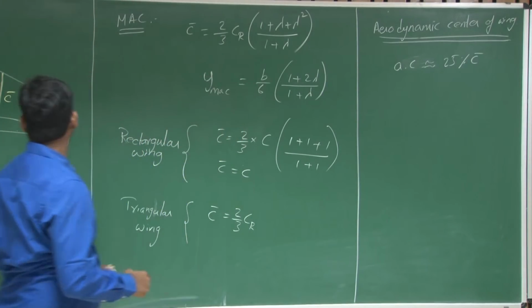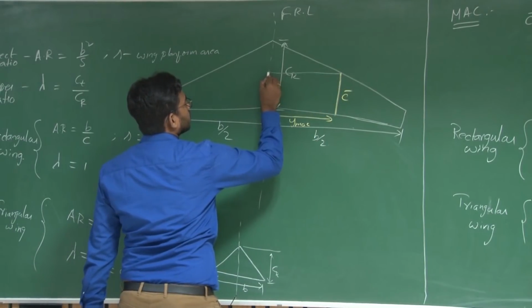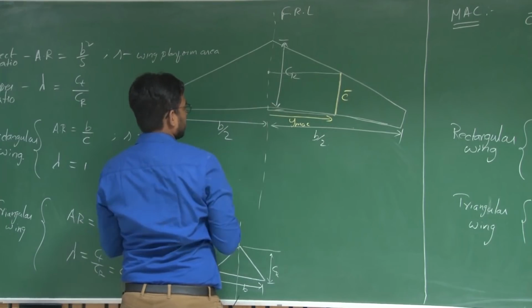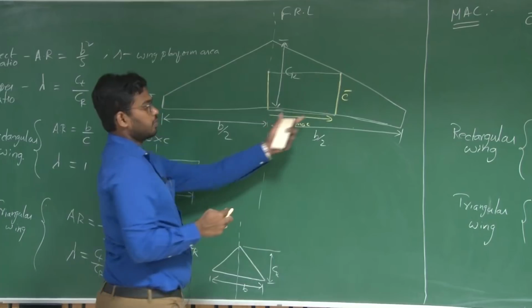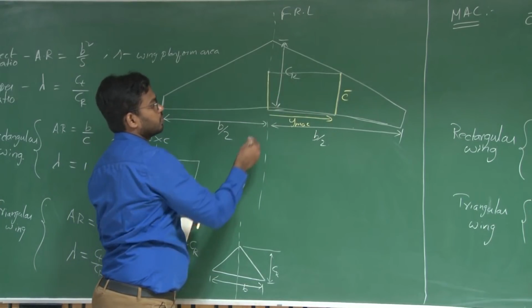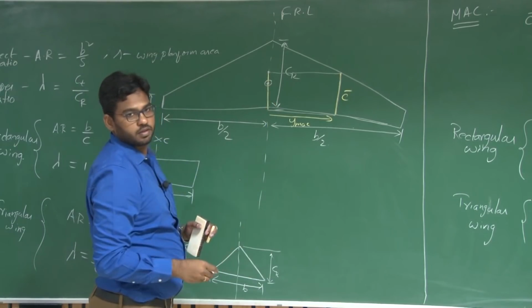Once you know the mean aerodynamic chord, you can project it onto your root chord and take 25% of this mean aerodynamic chord to locate the aerodynamic center.